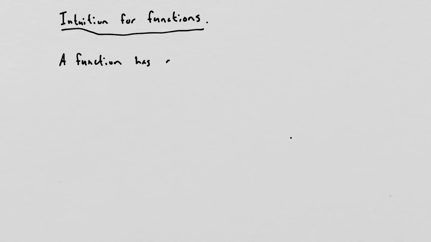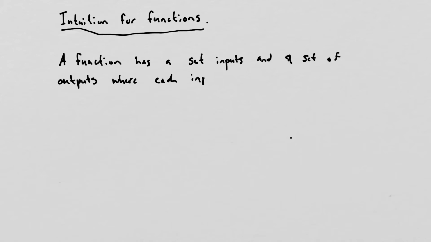It's going to have a set of inputs and a set of outputs, where each input is sent to only one output. With this definition in mind, let's go ahead and draw some pictures.